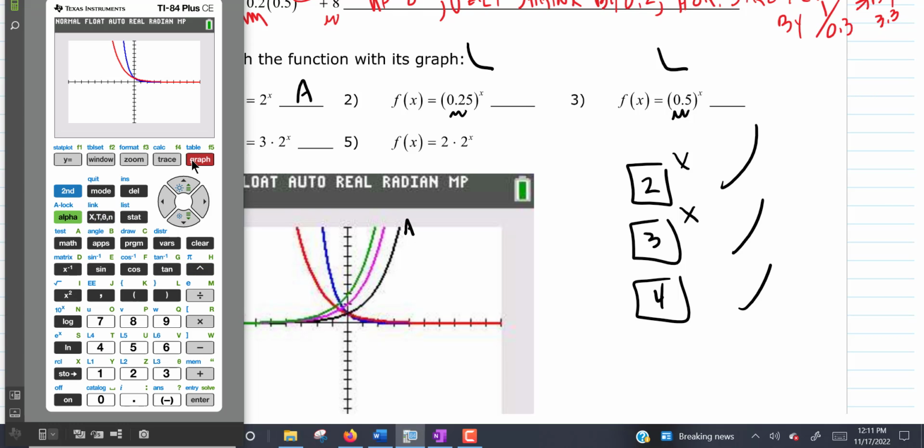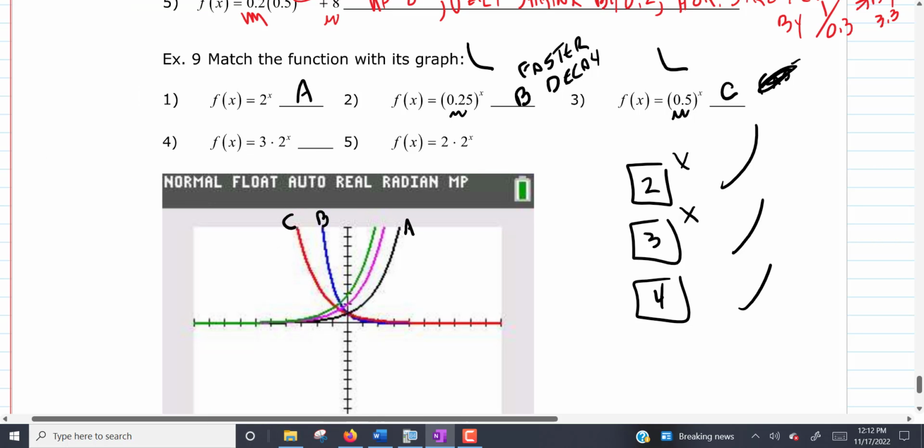So I'm going to have you label this one as B and that one as C. So the 0.25 to the x is B and the 0.5 to the x is C. And what happens is it just changes how fast it decays. This one is a little bit faster decay. It's just steeper. That's just the way the numbers work.